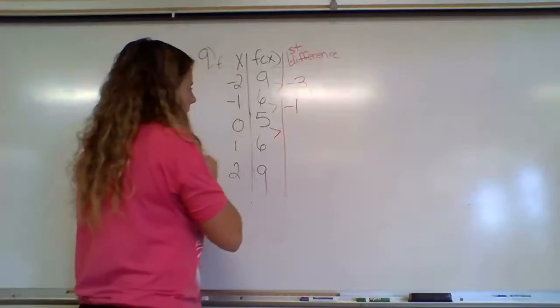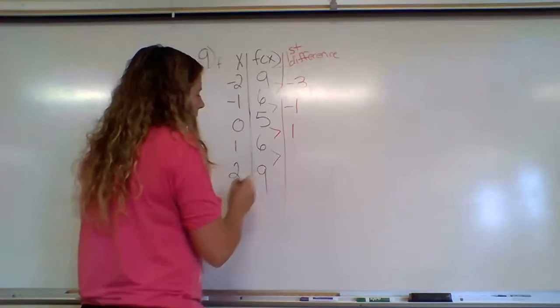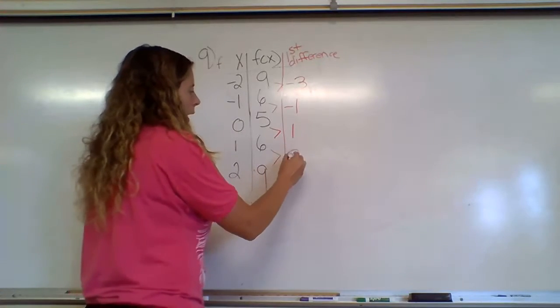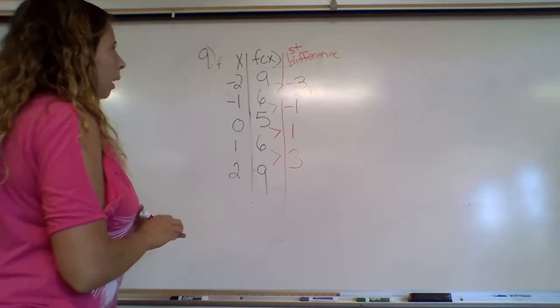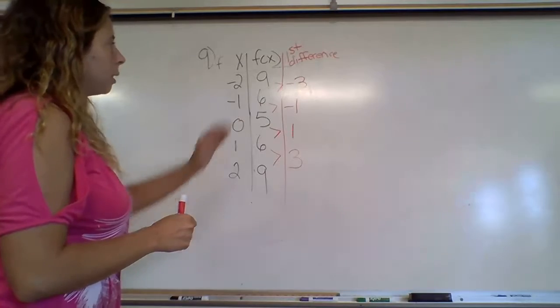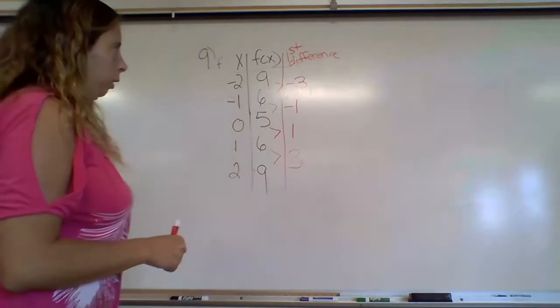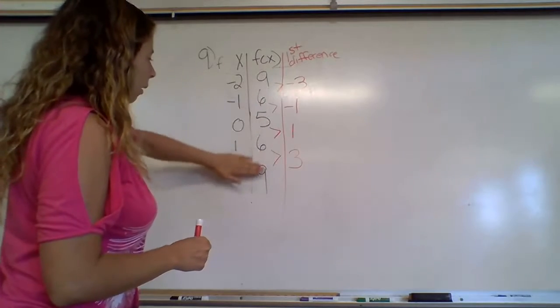From 5 to 6, plus 1. And then from 6 to 9, 6 plus 3 is 9, so like that. Okay. If you have a quadratic, then your first difference will be linear. This is not linear. There was no constant rate here.